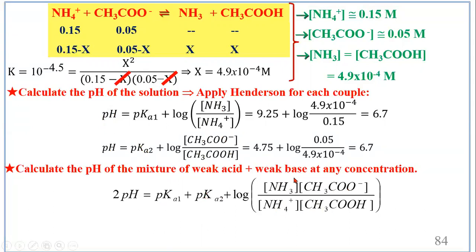So it's actually the bases of the couple divided by the acids. This is the base of the couple ammonia, and this is the base of this acetic acid couple. Okay, so the bases divided by the acids.